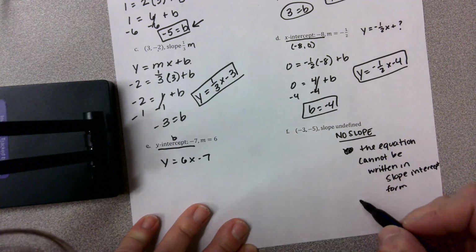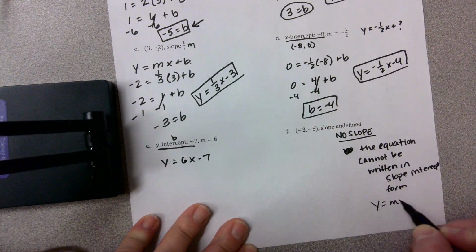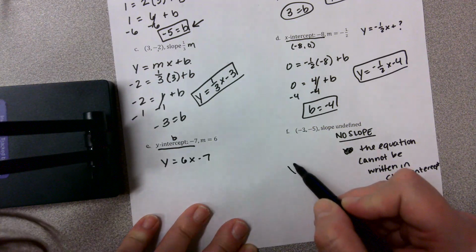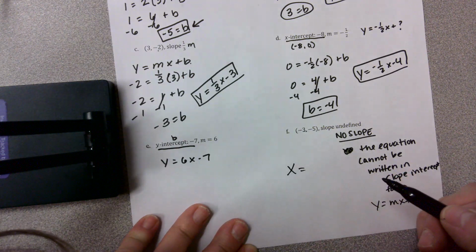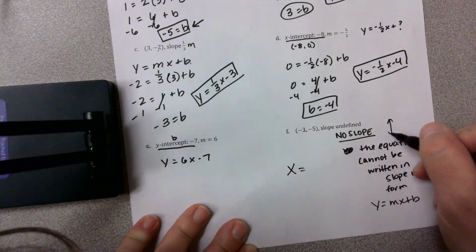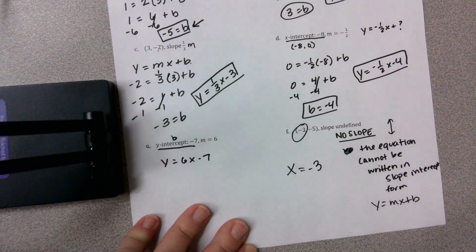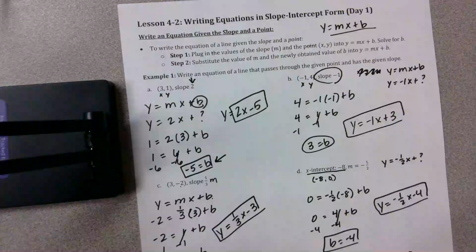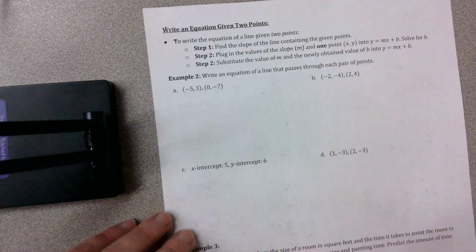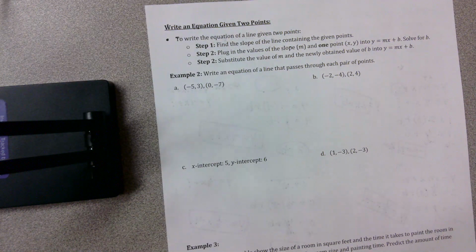So we cannot write this equation. It has to be x equals. Okay? It has to be an x equals equation. So what's our x value? -3.